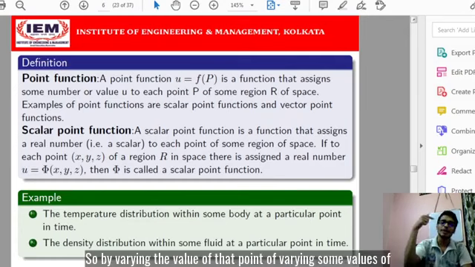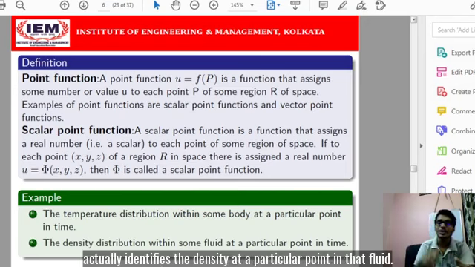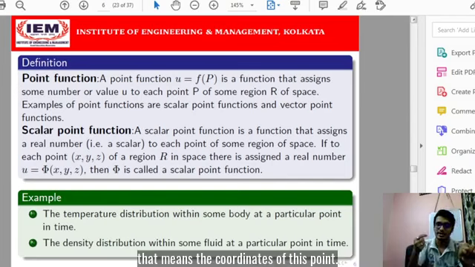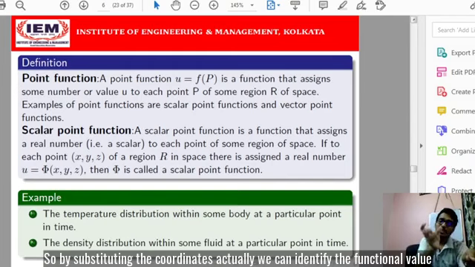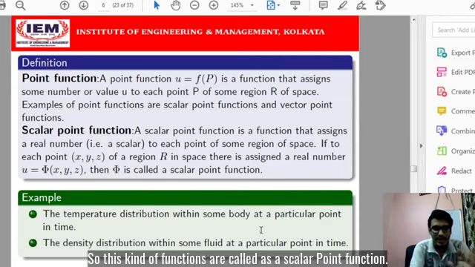So by varying the values of x, y, z, we are defining a function that identifies the density at a particular point in that fluid. At a particular point, we just need to substitute the coordinates of the point. By substituting the coordinates we can identify the functional value corresponding to that point that identifies the density. So this kind of function is called the scalar point function.